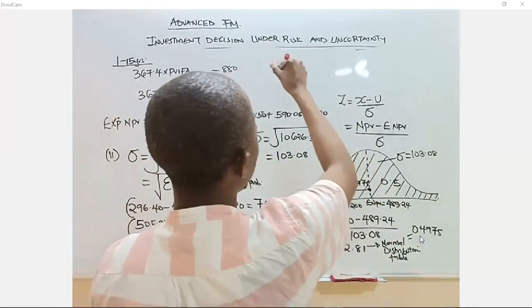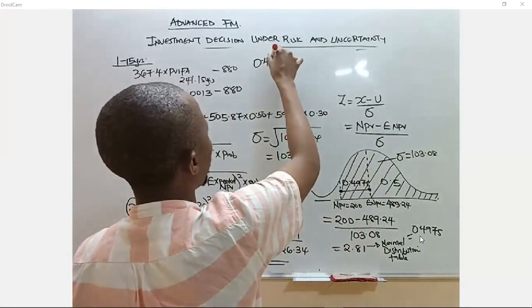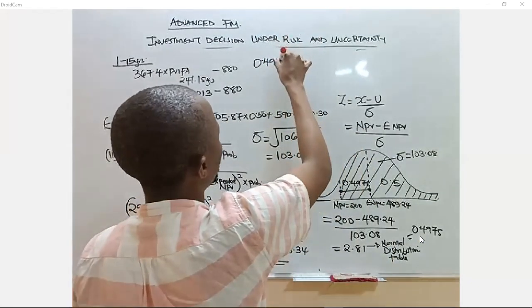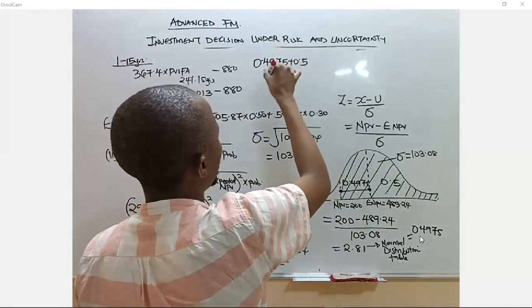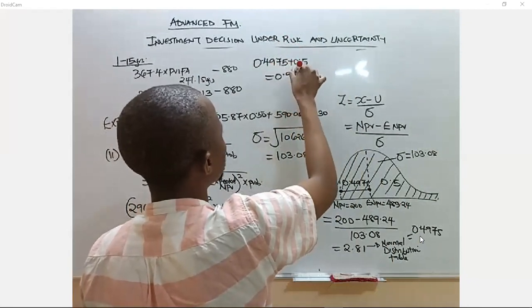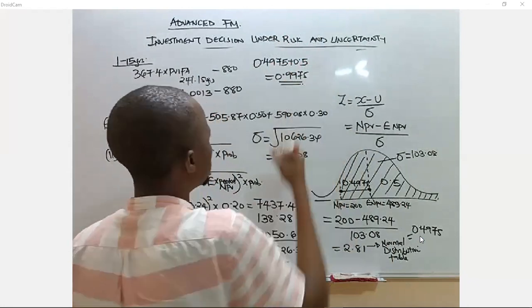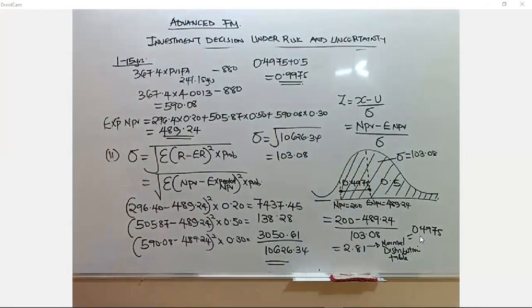I just take 0.4975 plus 0.5. How much is this? I am going to be getting 0.9975. Any question?